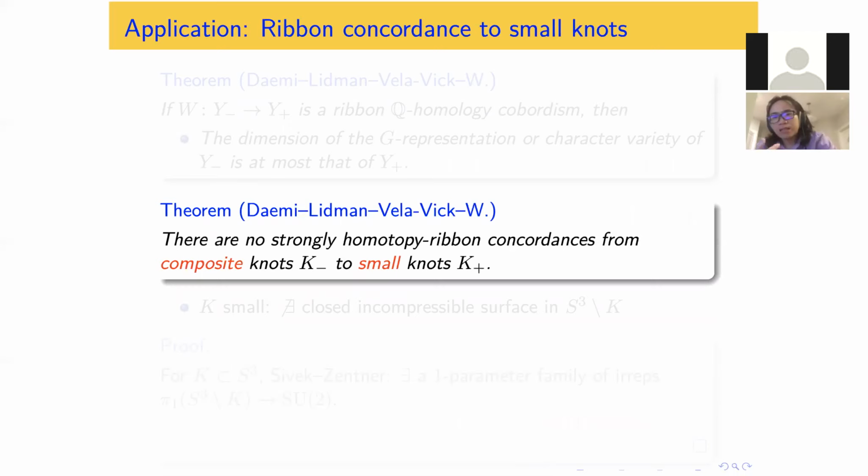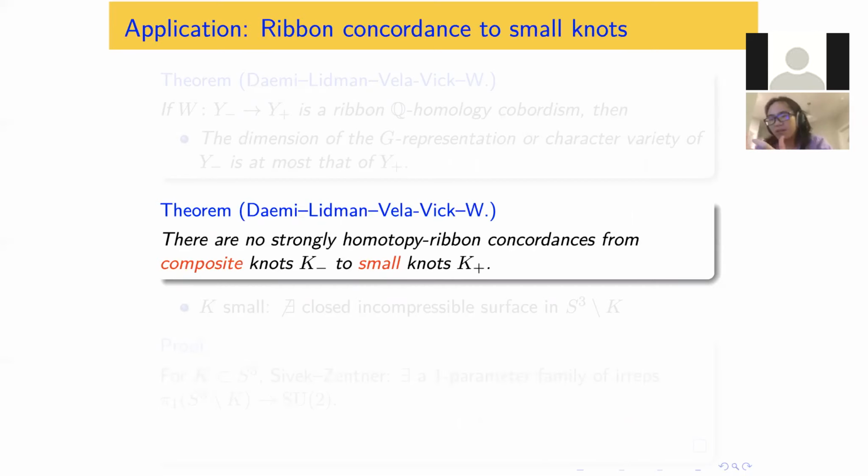Recall that the exterior of a strongly homotopy ribbon concordance is a ribbon homology cobordism from the exterior of the negative knot K minus to the exterior of the positive knot K plus. So our theorem states that there are no strongly homotopy ribbon concordances from composite knots to small knots.